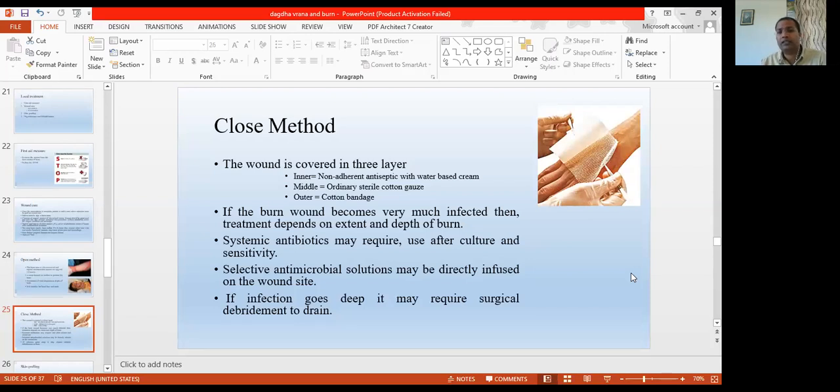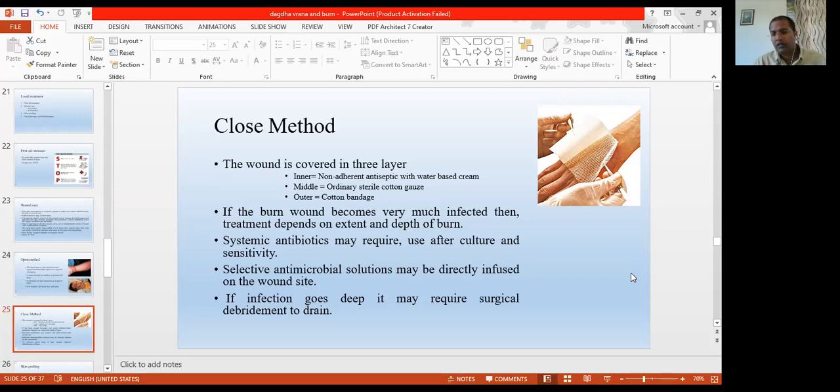Just like we discussed in the Ayurvedic portion, Acharya Sushruta says to cover the wound with wet leaves of kamal and kurchi. Here he is also using materials which are antiseptic and soothing, and covering the wound.